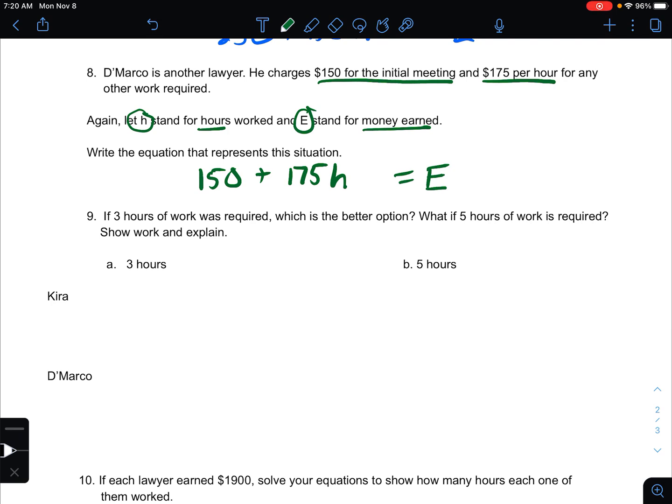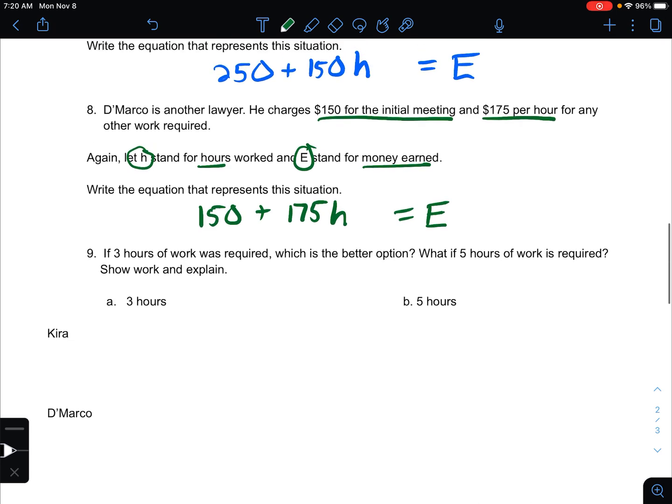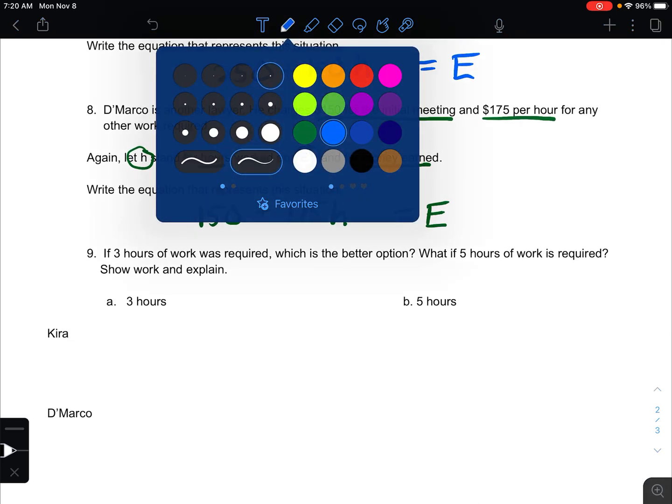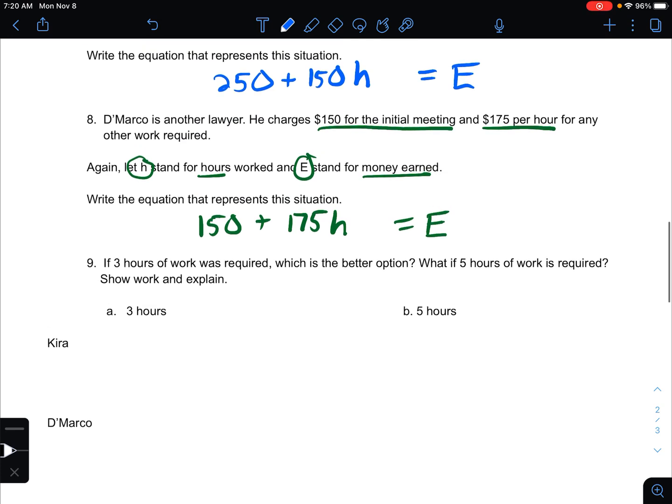All right, if 3 hours of work was required, which is the better option? What if 5 hours of work is required? Well, let's take a look at that. So if 3 hours of work is required, let's do Kira's equation for 3 hours of work. So remember, her equation is 250 plus 150 times H. And now we know that it's 3 hours. So 250 plus 150 times 3 equals the amount of money earned.